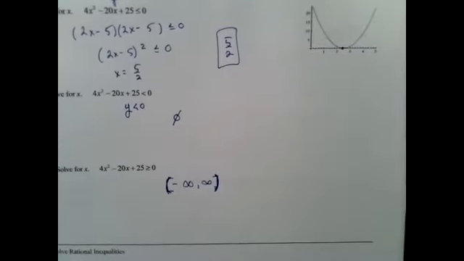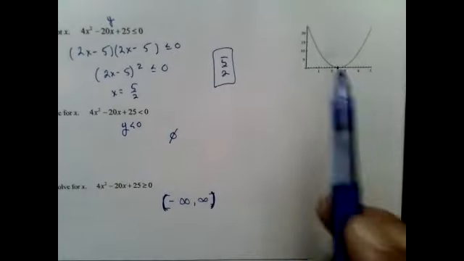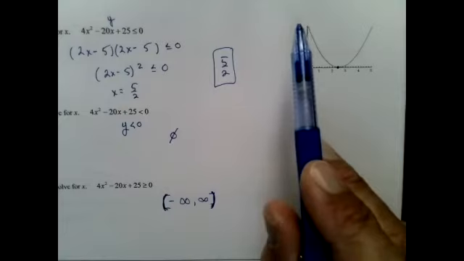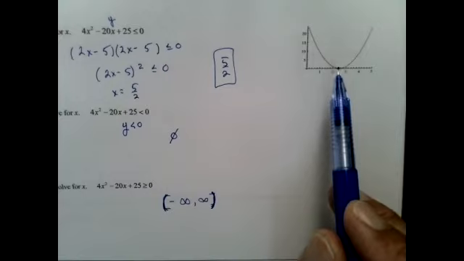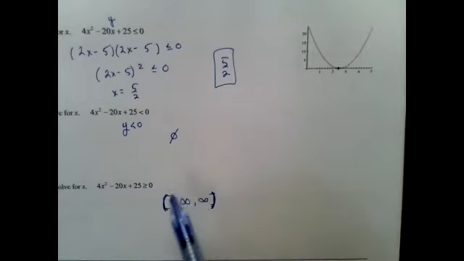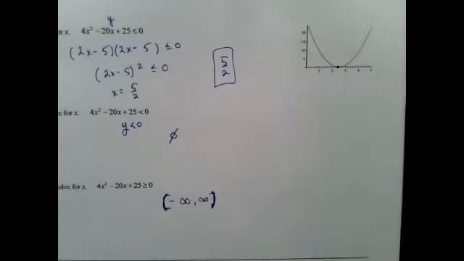And then negative infinity and positive infinity, because my y's are going to be positive. All these are positive y's or equal to 0, because that was the other part of it, equal to 0. Okay. Rocking and rolling.